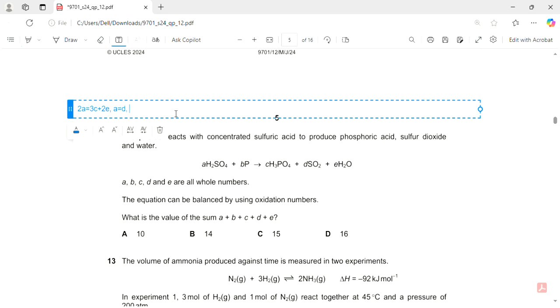Sorry, hydrogen is done, sulfur is done, oxygen. 4a is equal to 4c plus 2d plus e.